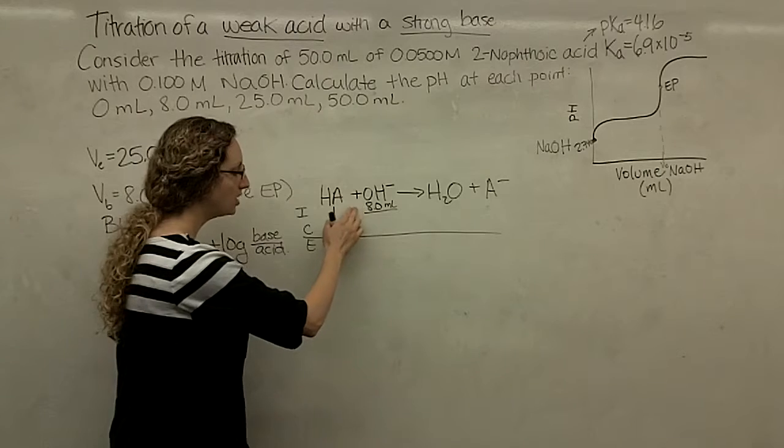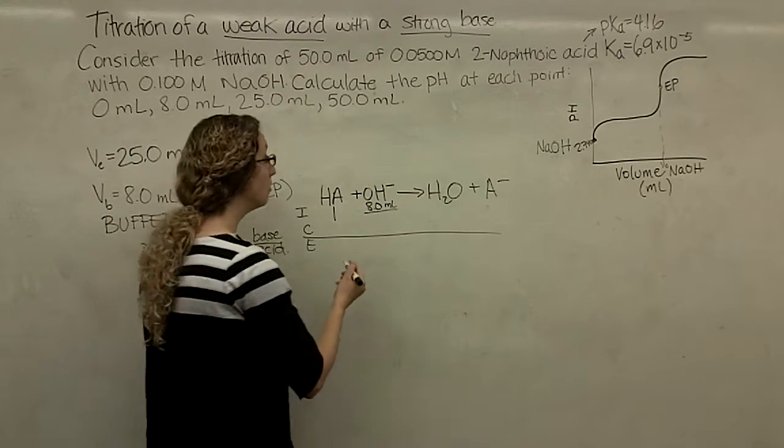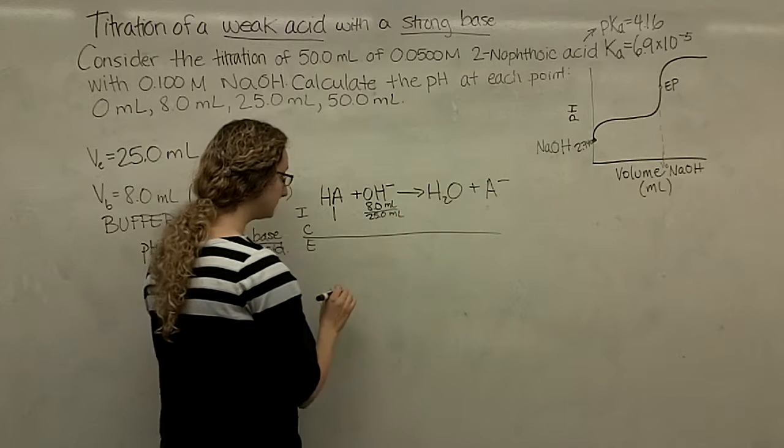So we take the volume of our base that we added over our volume at our equivalence point, which in this case is 25.0 milliliters.